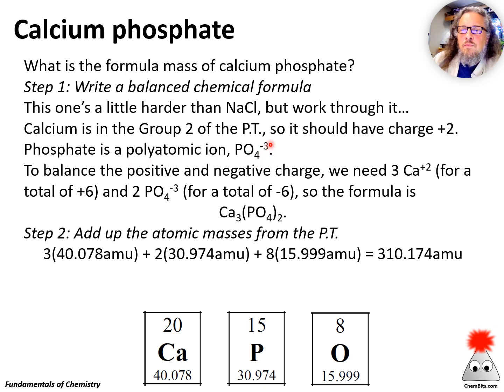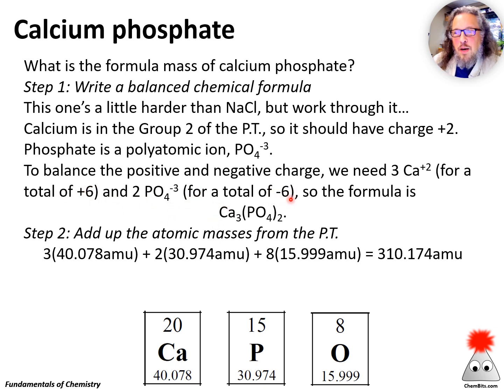-3. So if we want to balance this, we've got the positive charges coming in +2 at a time. We've got the negative charges coming in -3 at a time. So to get those to balance and cancel each other out, we need what? It sounds like we need 3 plus 2's and 2 plus 3's. So we need 3 calcium ions to get us a total of +6 charge, and 2 phosphate ions to give us a total of -6.